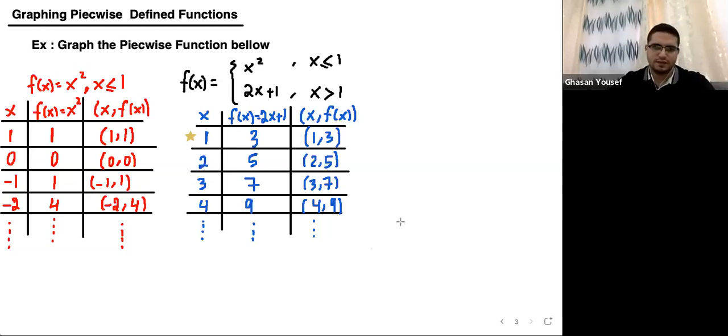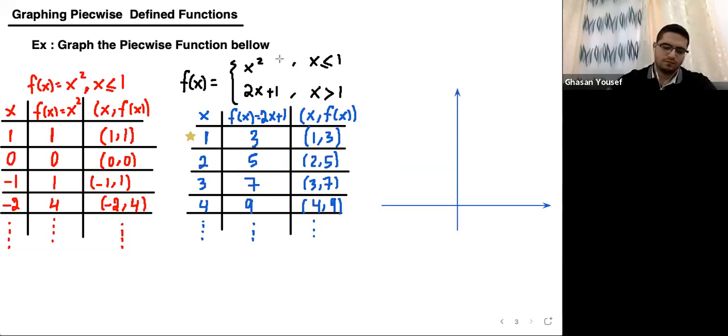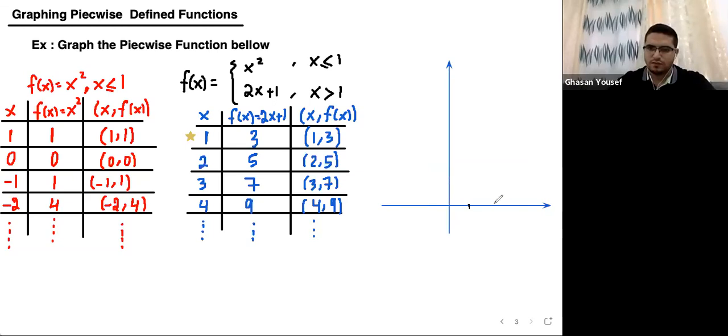So here is my Cartesian plane. I'm going to start with the red one. First, the points: 1, 2, 3, 4.